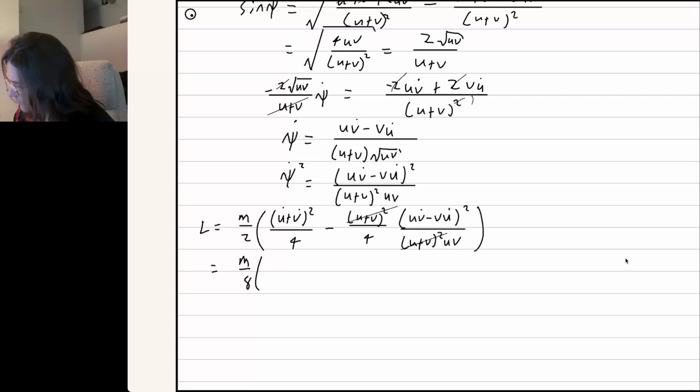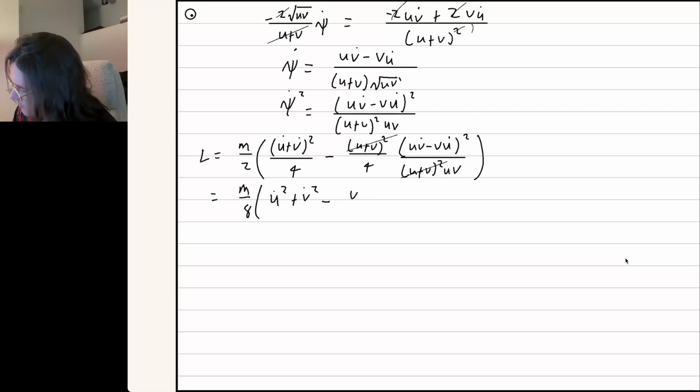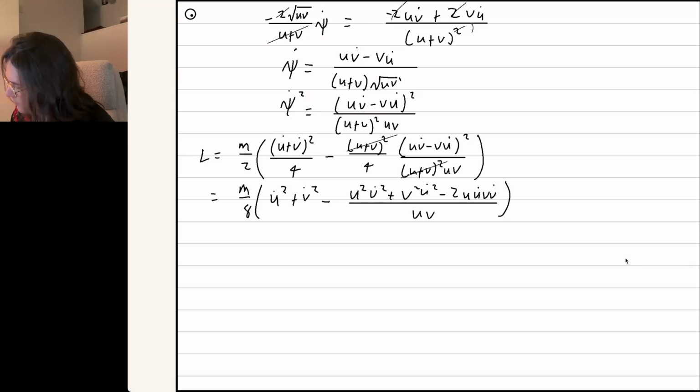Let's go ahead and FOIL out these squared terms. u dot squared plus v dot squared minus u squared v dot squared minus v squared u dot squared minus 2 u dot v dot all over uv.